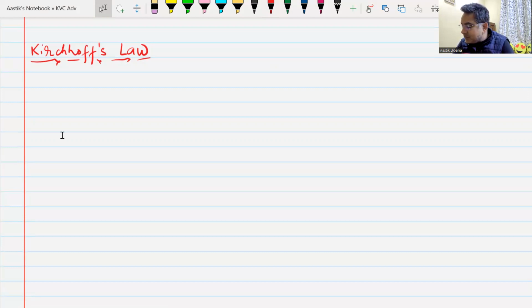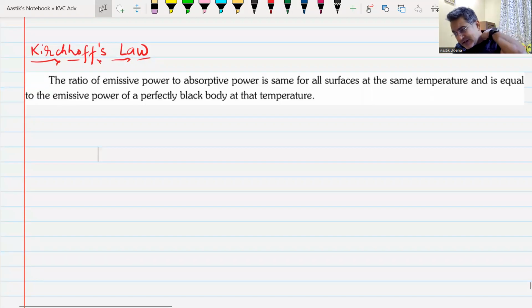If I find the ratio of emissive power to absorptive power for any body at a given temperature, that ratio is going to come the same as the ratio of emissive power to absorptive power of a black body of the same dimension at the same temperature.